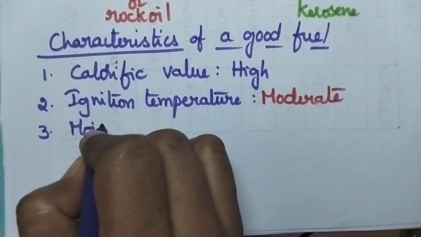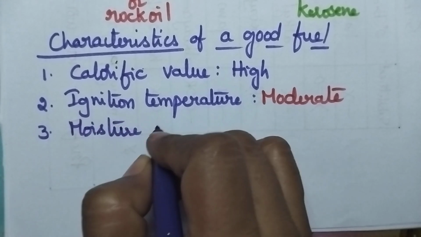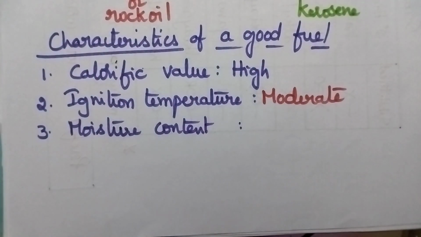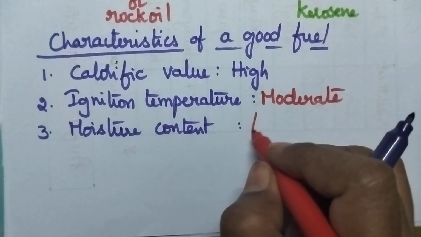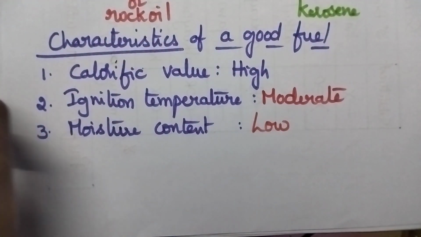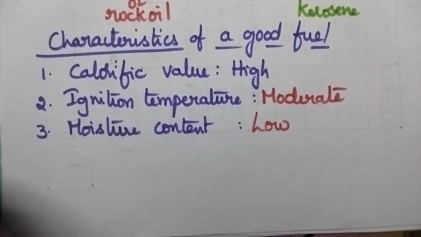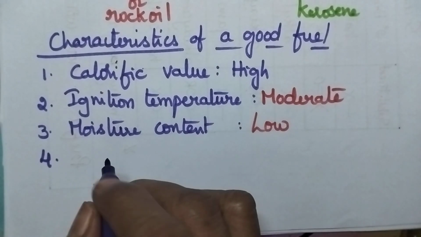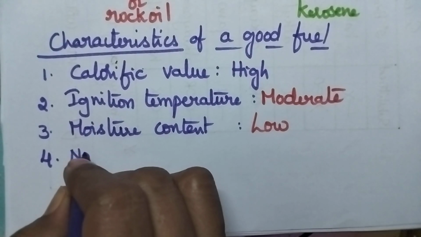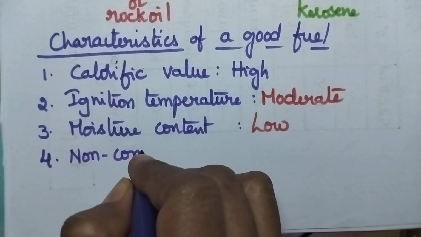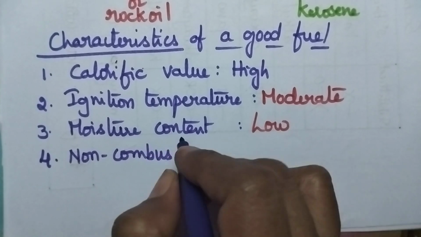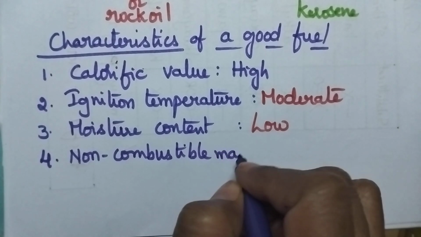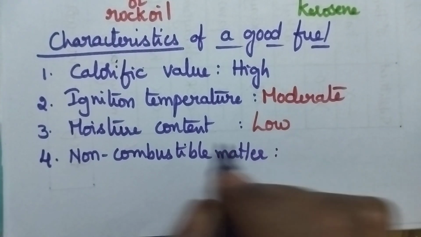Coming to the moisture content, it should be low. If the moisture content is high, lot of heat energy will be wasted. At the same time, if at all non-combustible matter such as iron, manganese present in the fuel, that accounts for low calorific value.